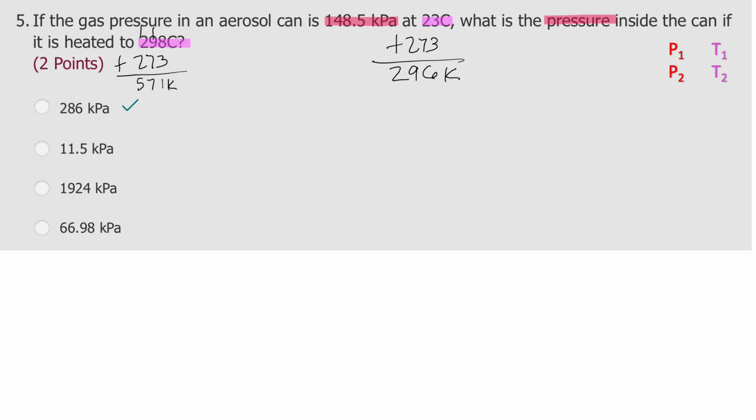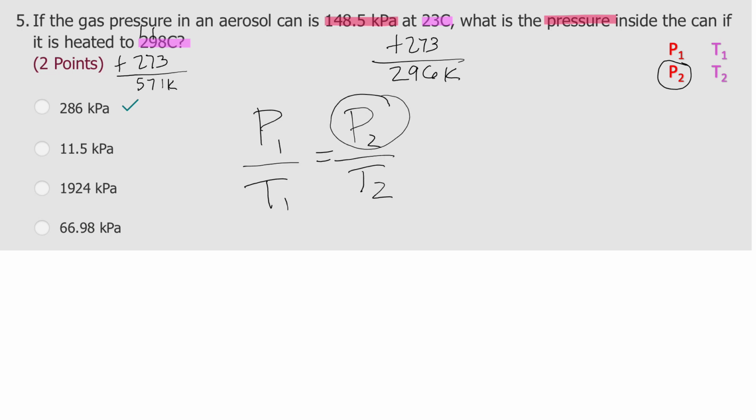So we are given an initial pressure. We are asking for the new pressure, so we're going to be solving for P2. Then we're given an initial temperature and a final temperature. So if we're using pressure and temperature, we're going to be using Gay-Lussac's law, which is P1 over T1 equals P2 over T2. So we're solving for P2.